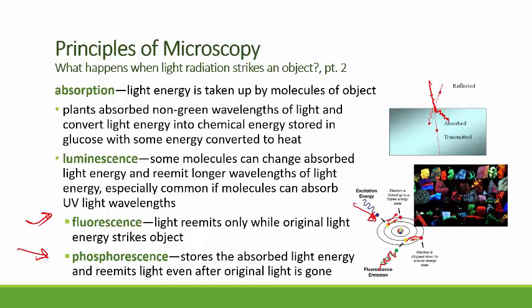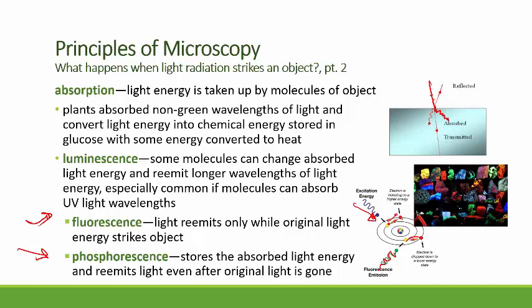So fluorescence and phosphorescence. With fluorescence, as the light is hitting it, the electron gets bumped up to a higher energy level and then immediately falls back down to a lower energy level. And as it falls down, the energy that it is releasing is emitted in the form of visible light energy again.